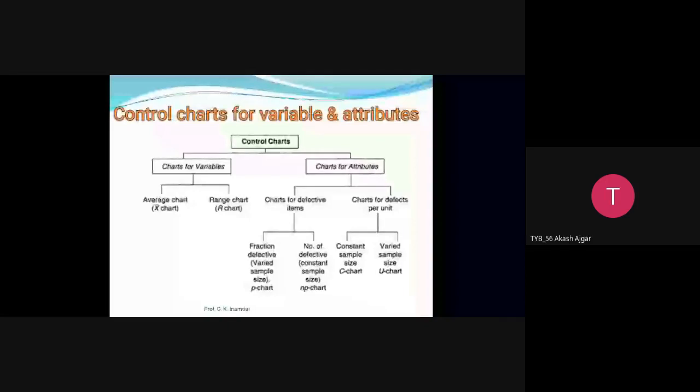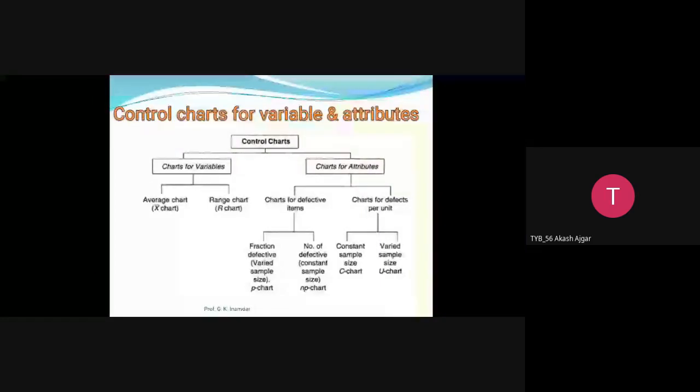We can add one more here also, sigma charts can be used in the variable charts also. And in attribute charts we can use NP chart, P chart, C chart, U charts. Second point, types of the data required. In variable charts we require variables data, that is the measured values of the characteristics.